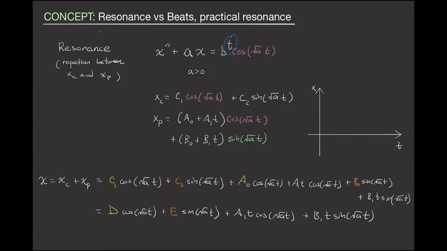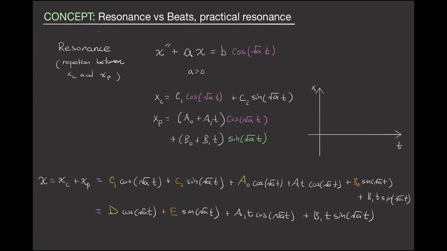If you had a t here, then we would have gone up to, let's say, a sub 2 times t squared, and then b sub 2 times t squared. So if you had another t here, it would work exactly the same, where you'd have to increase the number of terms of this polynomial. So that's a good question to ask.